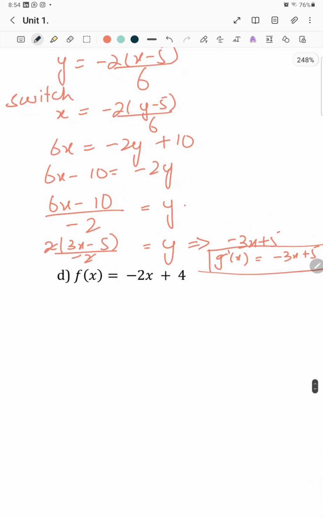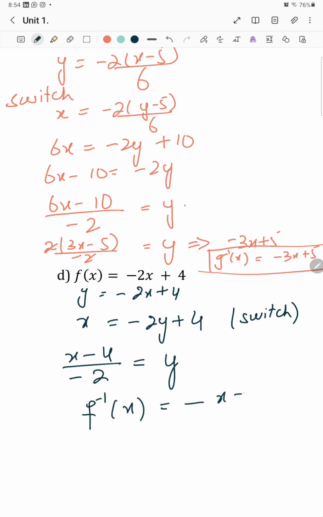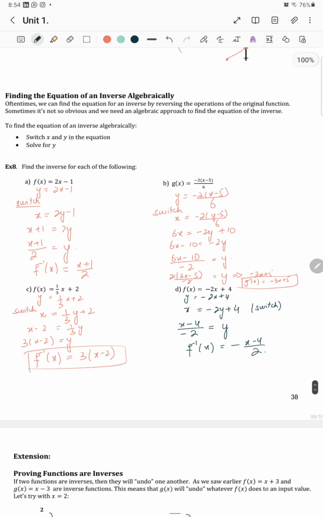Okay, so y is equal to minus 2x plus 4. Now switch: x is equal to minus 2y plus 4. Here I have switched. So I will write x minus 4 divided by minus 2 is equal to y. So f inverse of x is equal to minus x minus 4 by 2.